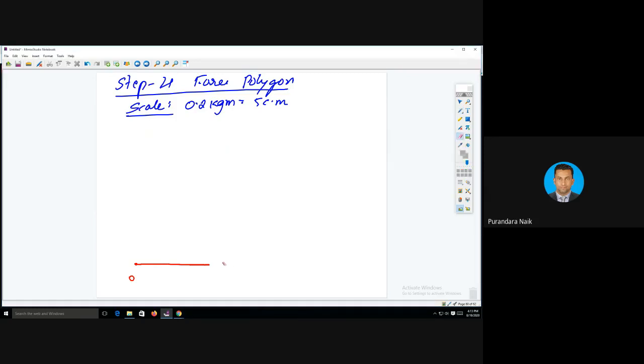Okay, 6 centimeter here. This is point A. 0.24 is equal to 6 centimeter according to the scale. After this, you just draw a reference line again. This is the reference line.